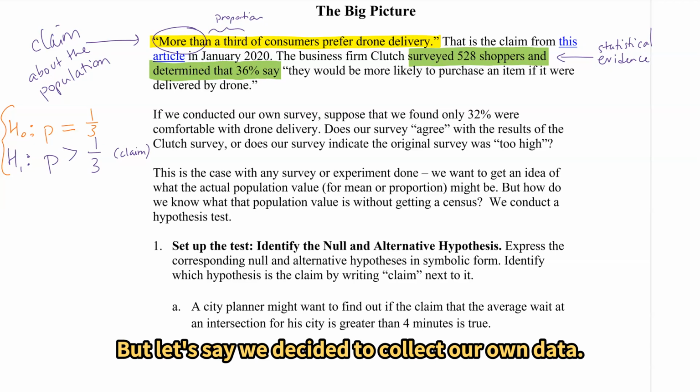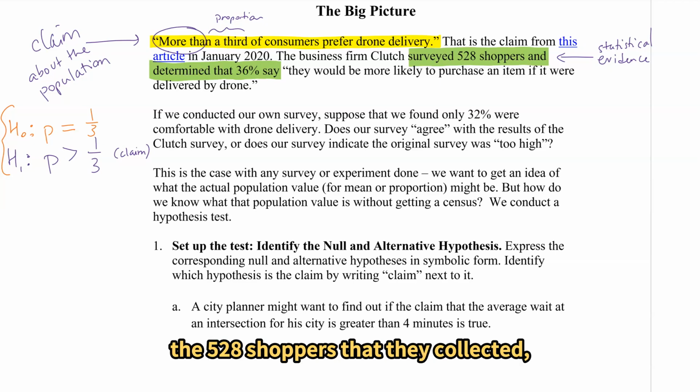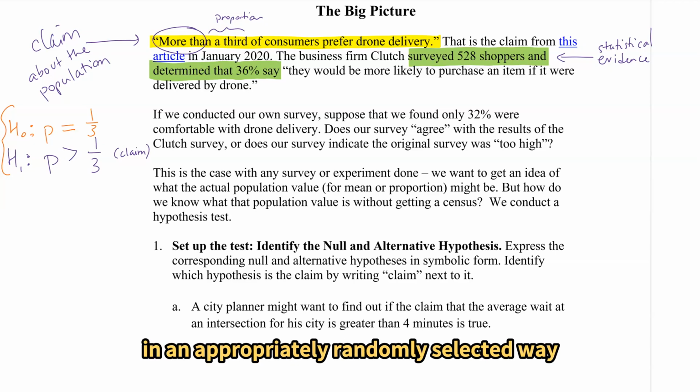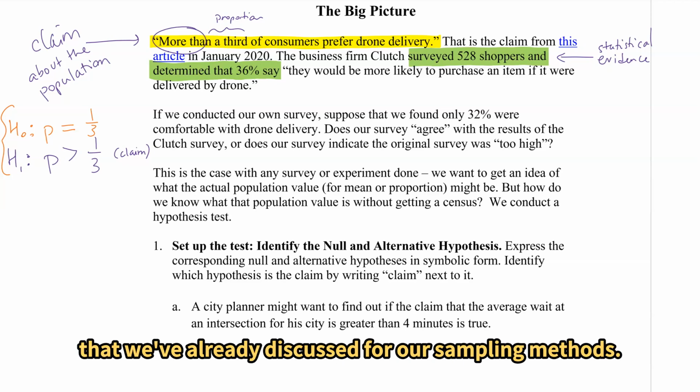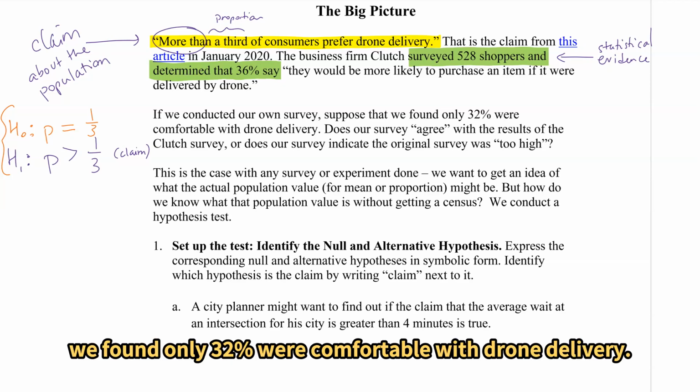So these would be our hypotheses for this particular hypothesis test, if we were running it on our own. But let's say we decided to collect our own data. Instead of using their data, the 528 shoppers that they collected, let's suppose we went out and collected our data in an appropriately randomly selected way that we've already discussed for our sampling methods. And suppose for our survey, we found only 32% were comfortable with drone delivery.